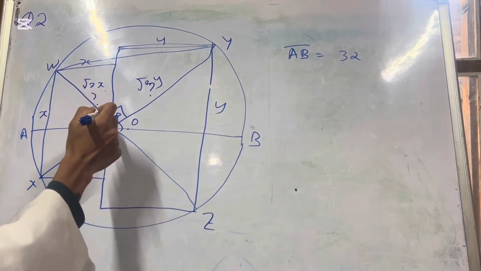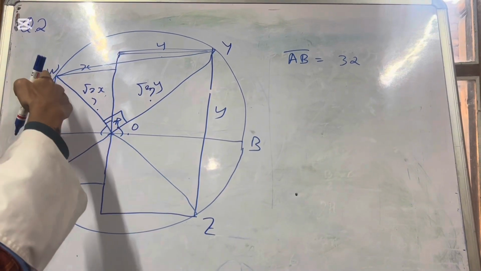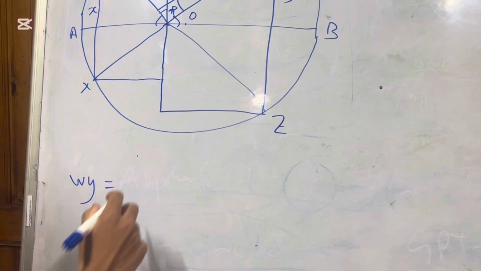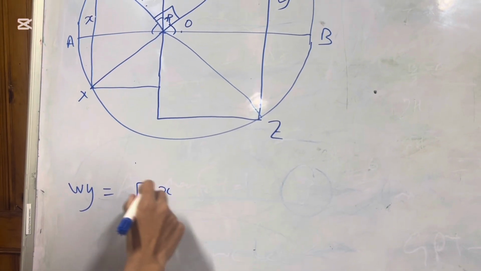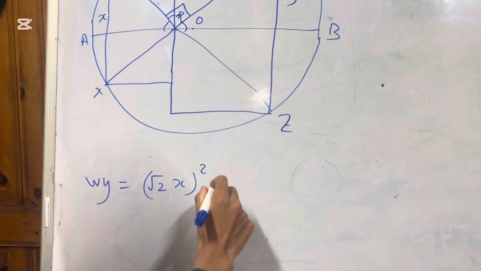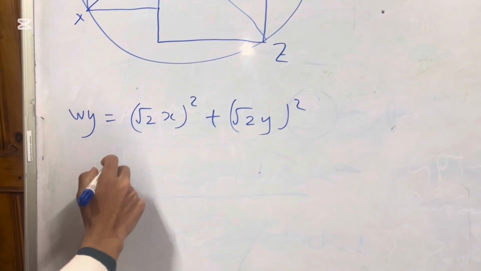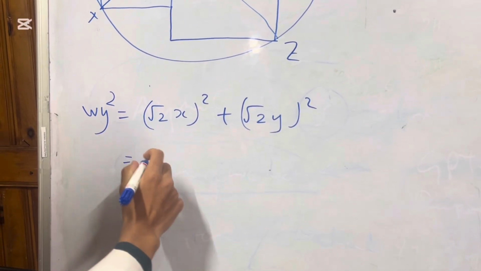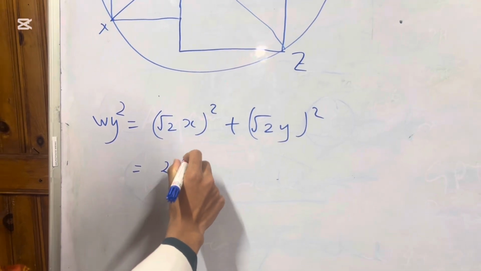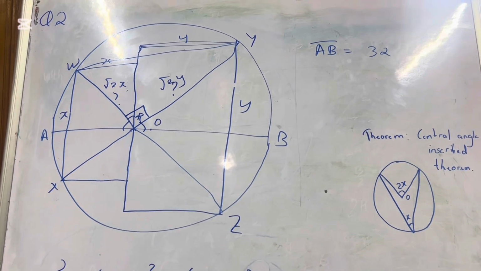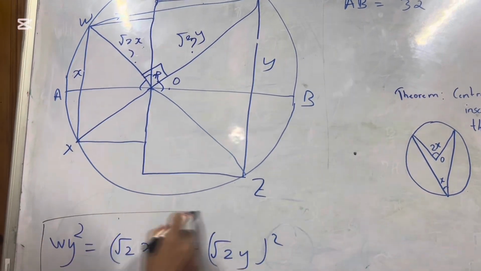So WY squared will be equal to (root 2 x) squared plus (root 2 y) squared, which is 2x squared plus 2y squared. Now we have deduced this much, so we'll leave this aside.